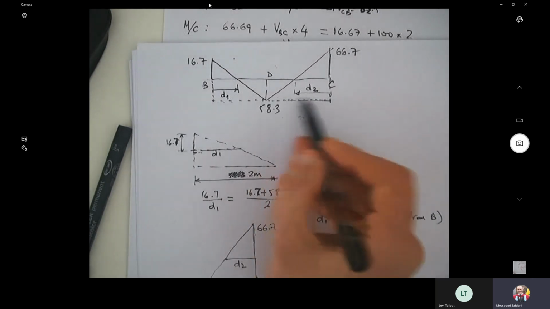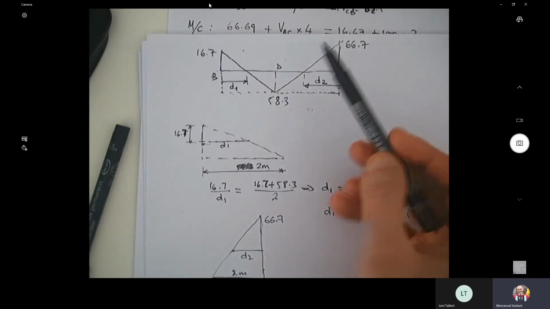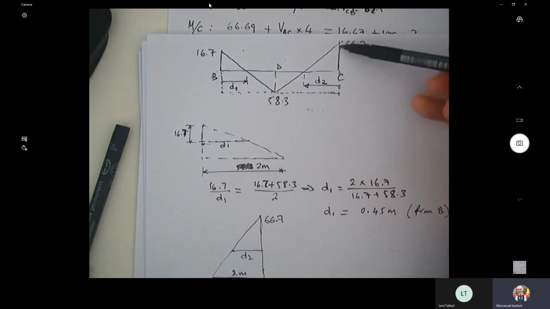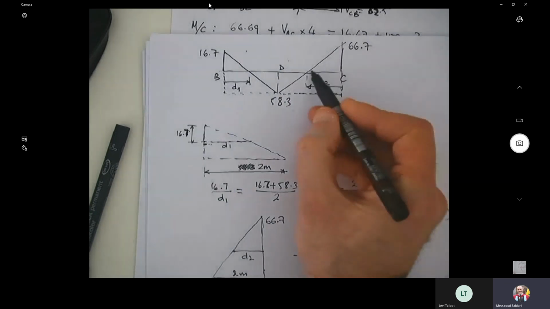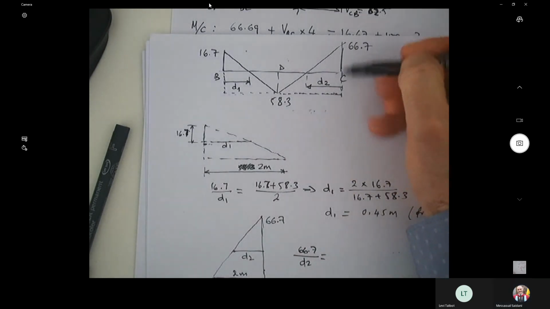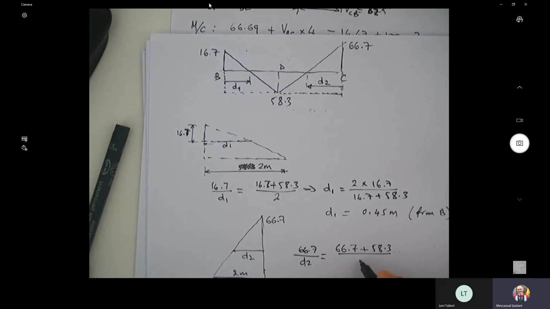So this length is 2 meters, isn't it? So what we have, please concentrate. We have this triangle here and this triangle there. So we have 66.7 divided by this length, which we don't know, D2, equals this here, 66.7 plus 58.3, divided by this length, which is 2.